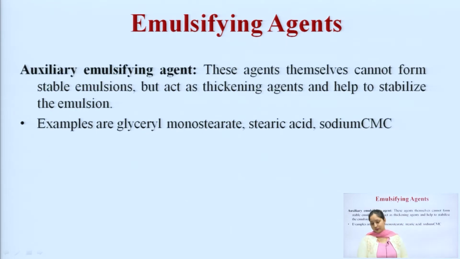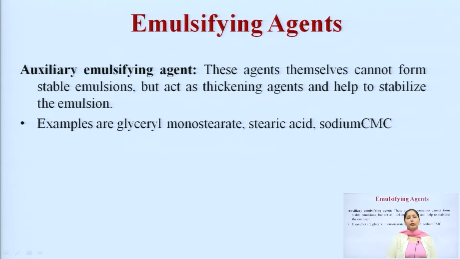Next, another agent is the auxiliary emulsifying agent. These agents themselves cannot form stable emulsions, but act as a thickening agent and help to stabilize the emulsion. They do not act by reducing the interfacial tension, but act as a thickening agent.